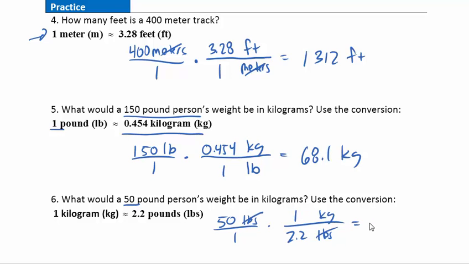So we'll get 50 kilograms over 2.2. We'll do that division, and 50 divided by 2.2 is 22.7. So that's 22.7 kilograms.